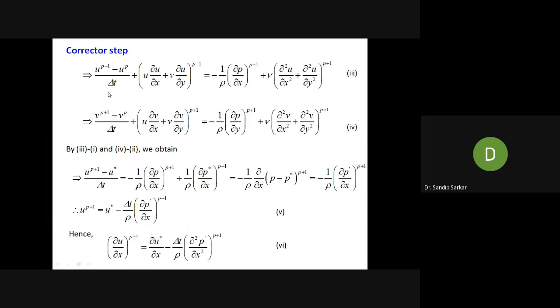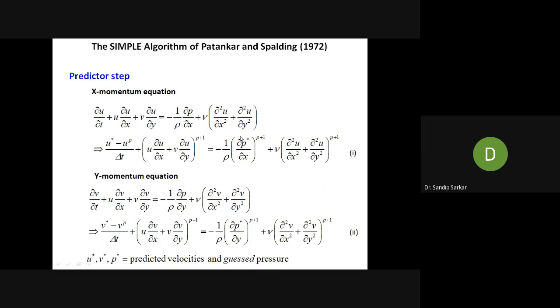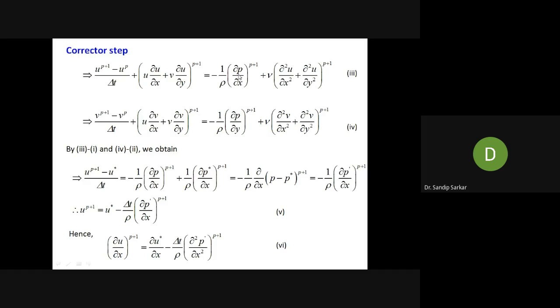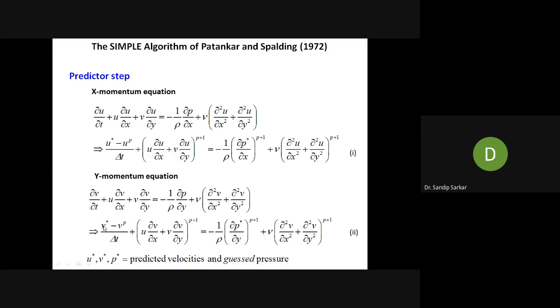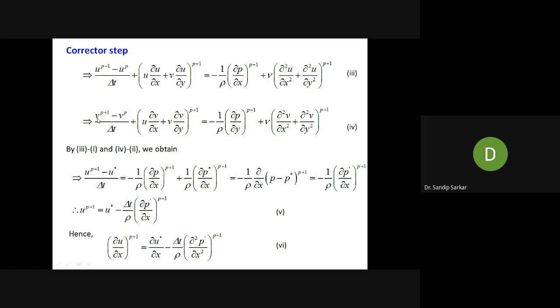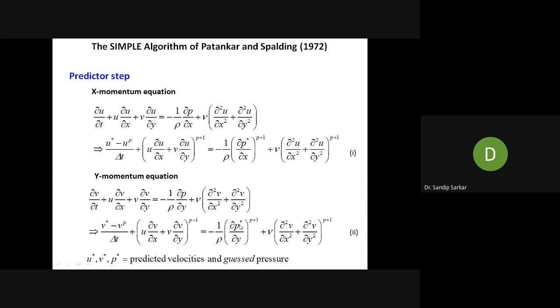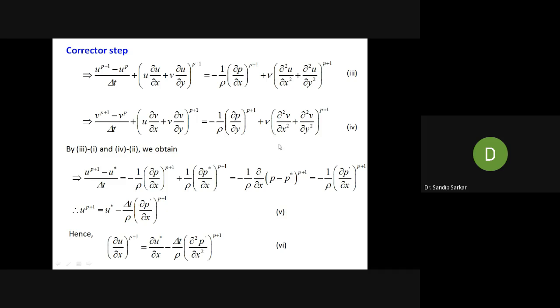So I am writing (u p plus 1 minus u p) by delta t equals, in actual case, the actual pressure P, but here you have taken the guess pressure. So minus 1 by rho del P by del x at p plus 1, same thing. Similarly for v, in the predicted step it was v star. In the actual case, it will be v p plus 1. And your predicted guess pressure is p star, but in the actual case it will be P. So I am writing these two equations as equation number 3 and 4. Any doubt on equation number 3 and 4? Please let me know.